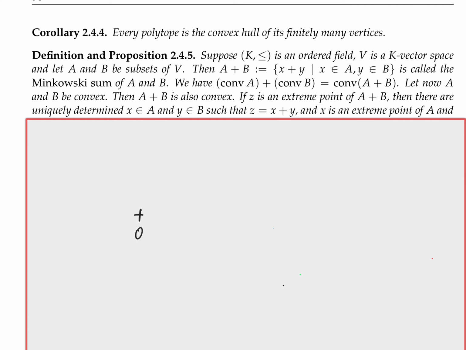If here is the origin, and I have again a set A, let's take a lens-shaped set here, and I now take convex sets. I have this convex set A, and maybe this convex set B. How does A plus B look?